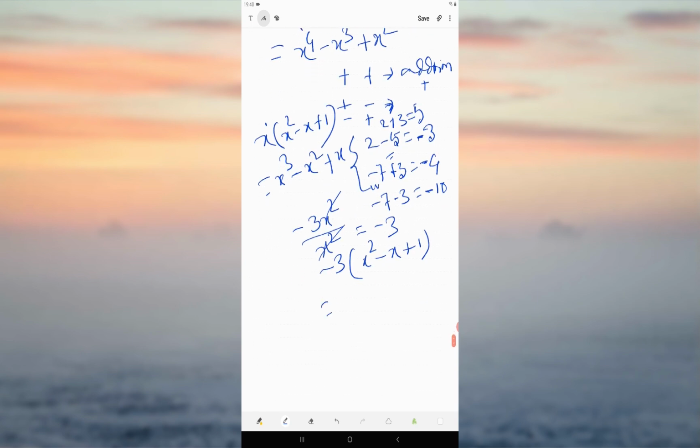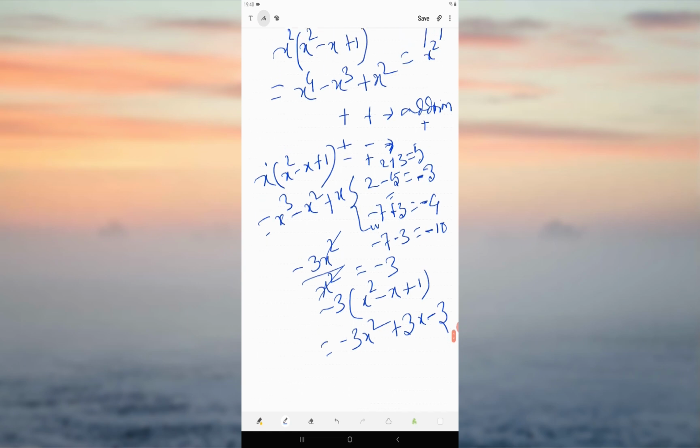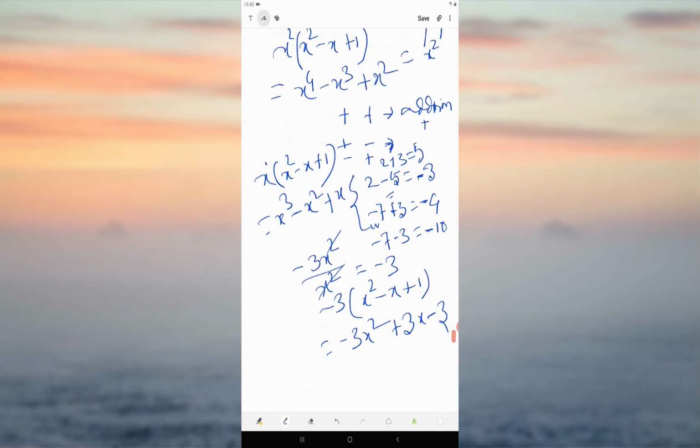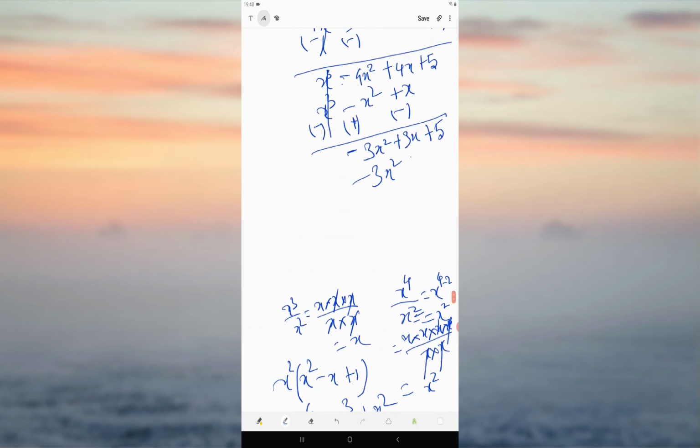So we will get minus 3x square, then minus 3 into minus, so minus minus will be plus, and 3 into x is 3x, and minus 3 into plus 1, so minus into plus is minus, and then 3 into 1 is 3. So we got minus 3x square plus 3x minus 3.